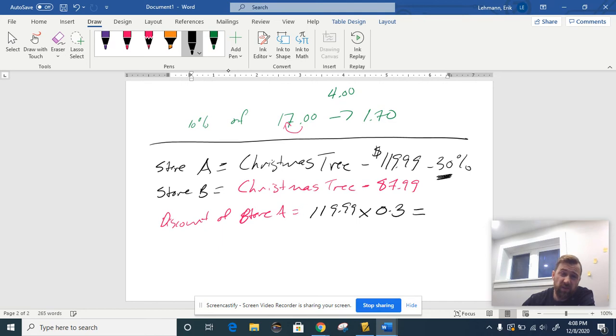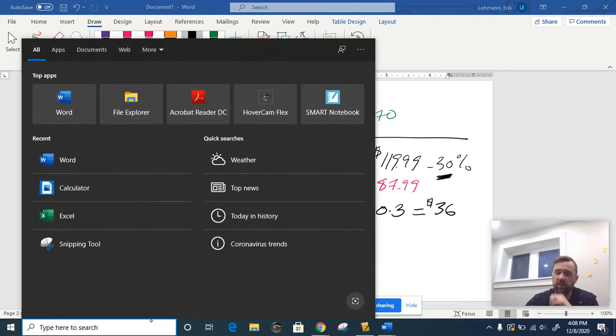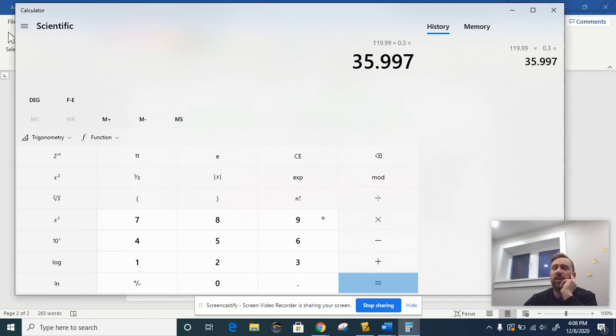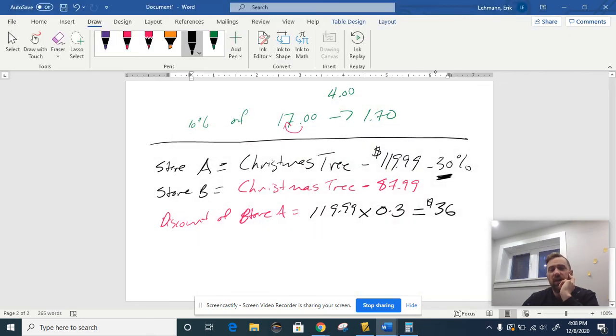Well, times 0.3, that equals $36. And if you were checking that on a calculator, 119.99 times 0.3, 35.997. So I've rounded that up to $36 because that's 3/1000th of a cent away from $36 even. So we can round that up.